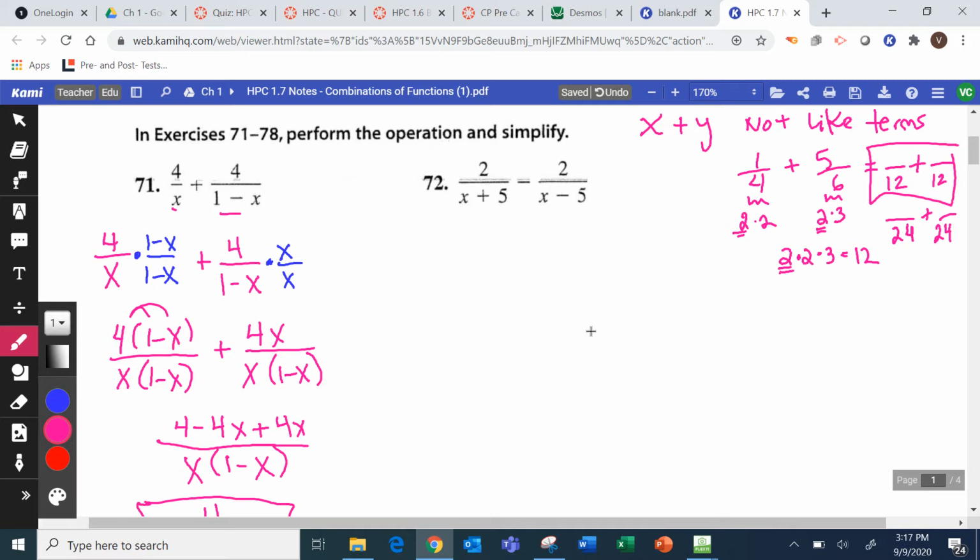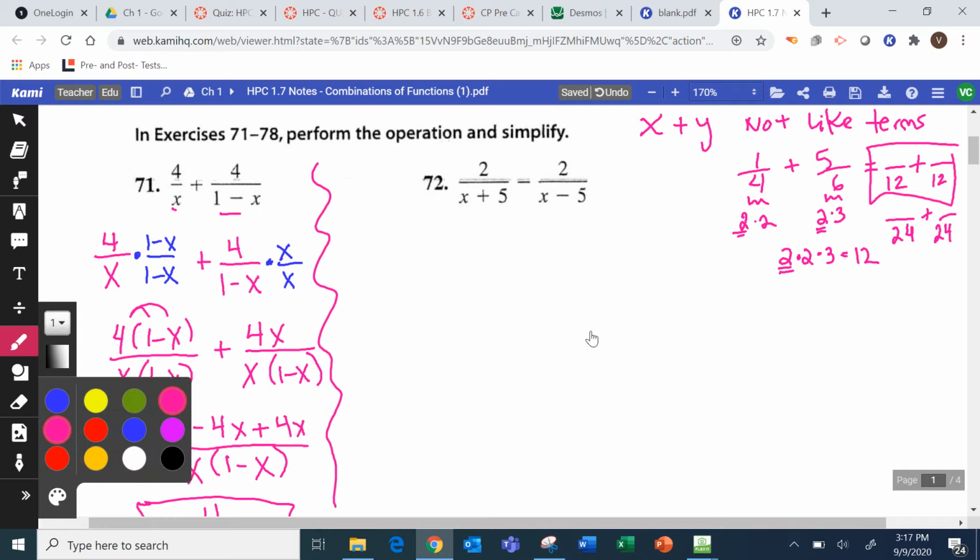Number 72, we look at the two denominators. They are not the same. They're close, but they're not the same. The question you ask yourself is, will x plus 5 factor? It does not factor. Will x minus 5 factor?